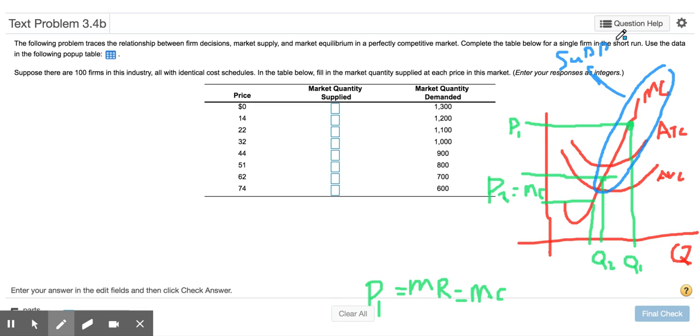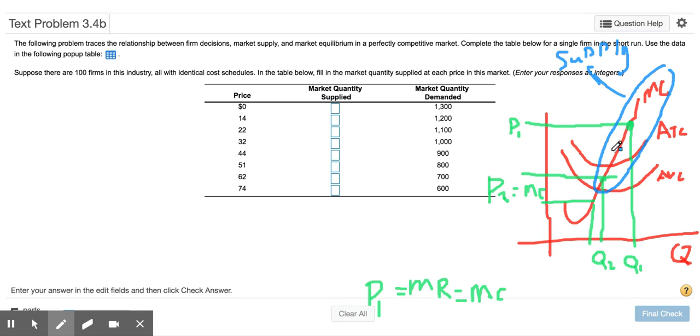So why the section above the average variable cost? The reason is that below this level, the firm should shut down, should be producing zero quantity. So supply should be zero. So supply starts from this point. Okay, so this is the supply curve of any firm.